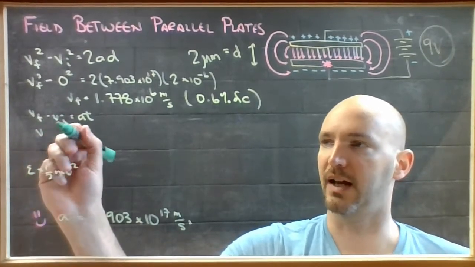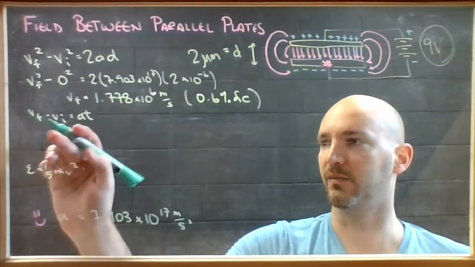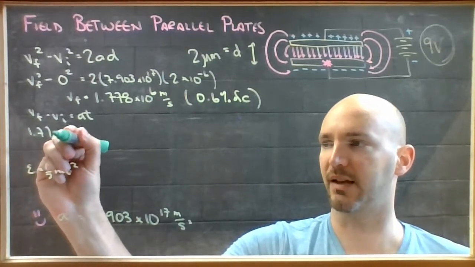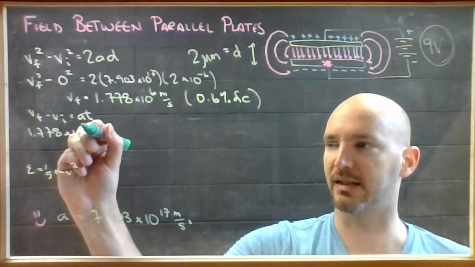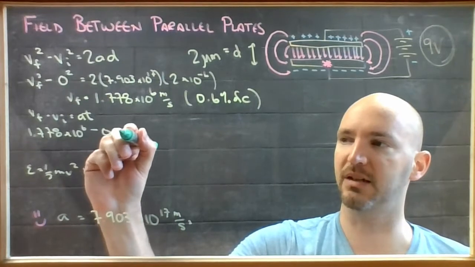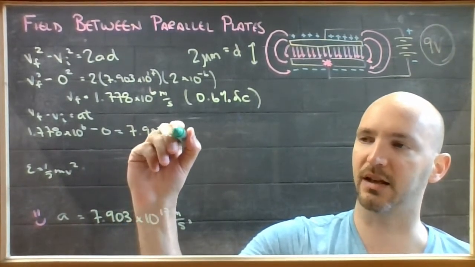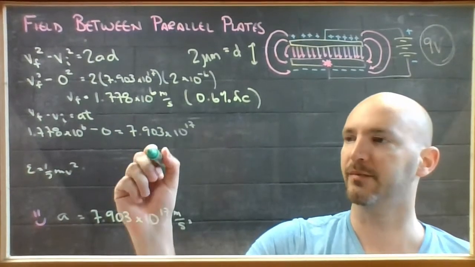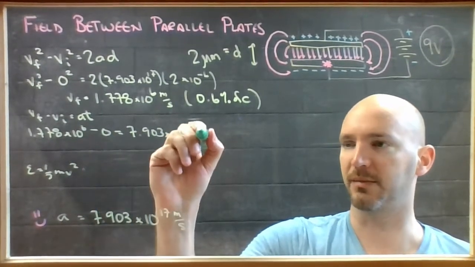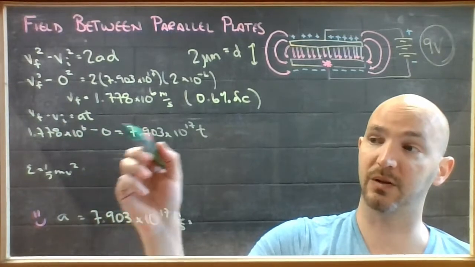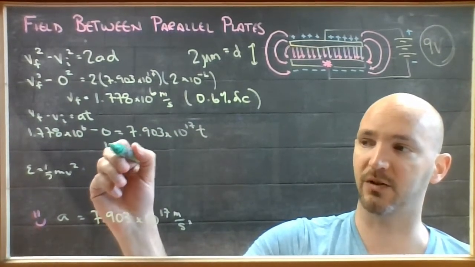So if I have a V final of 1.778 times 10 to the 6 minus an initial speed of 0 and an acceleration of 7.903 times 10 to the 17 times the time, I just have to take this number divided by that number to get my time to cross the capacitor.